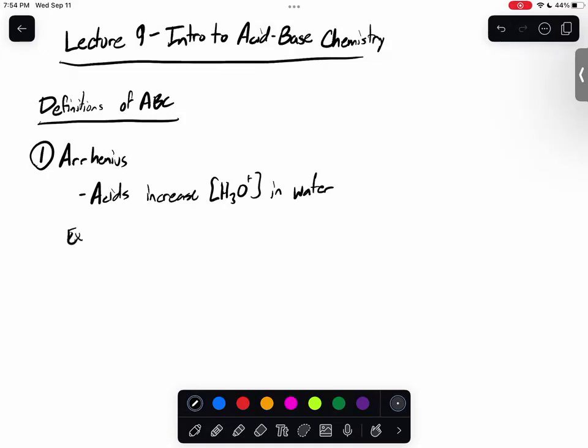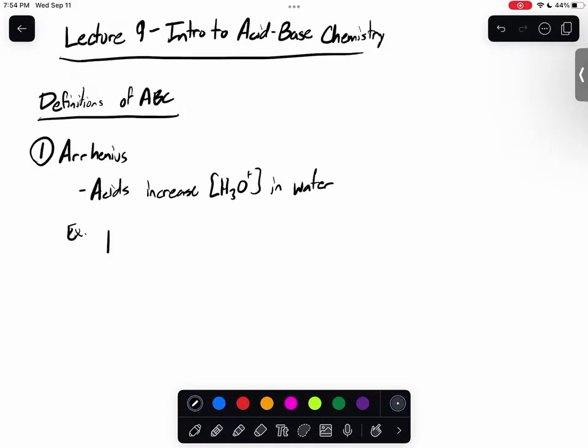If you were to throw HCl into a bucket of water, upon this reaction occurring, you'll end up with H3O+ along with Cl-. And so this would be a good way to think of the Arrhenius acid because, as you can see here, the product is H3O+. If we're making H3O+, that is an Arrhenius acid.